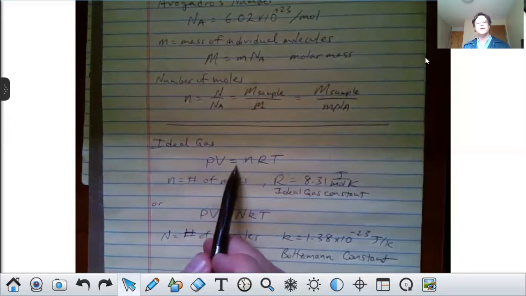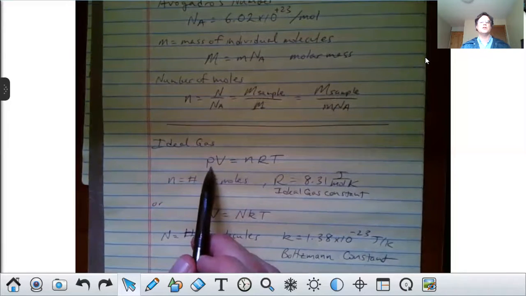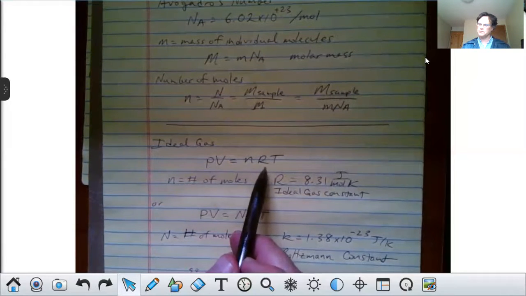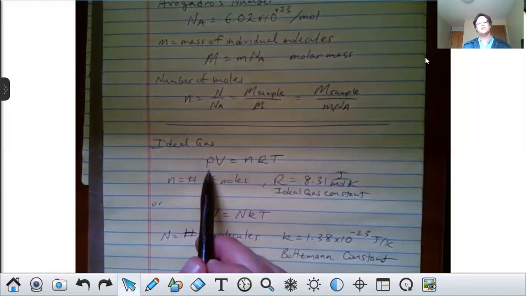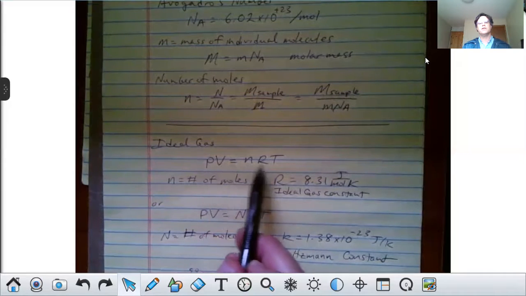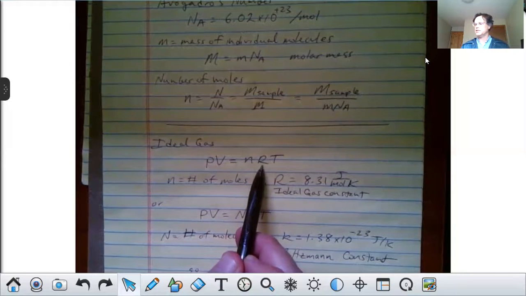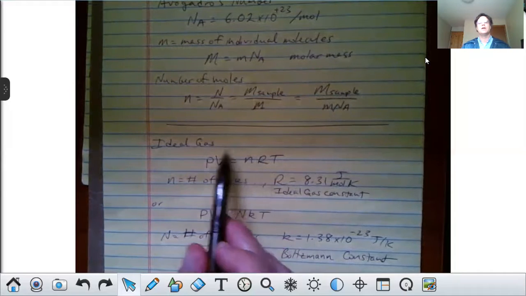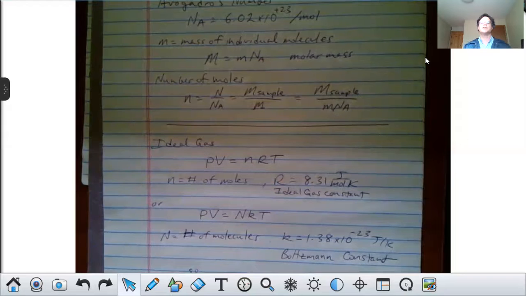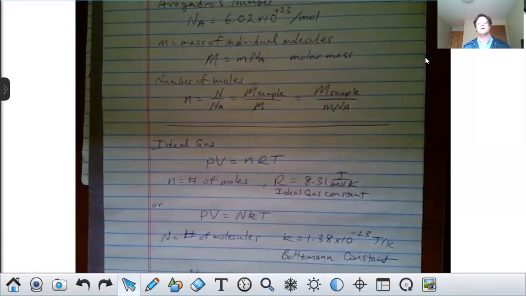But in describing an ideal gas, we're going to use what's called the ideal gas law. It relates the pressure, the volume, and the temperature of the gas, and also the number of moles, N. Now, R is a constant called the ideal gas constant. And this expression really comes from experiments. You can do experiments changing temperature, pressure, volume of the gas, and come up with this relationship.